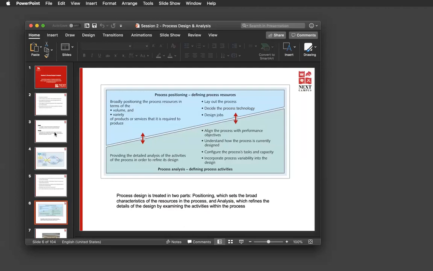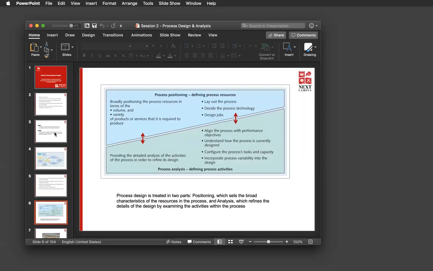Once that is set, then as we go along, we can basically refine it. You can think as you go along, okay, why don't we have a buffet? In the restaurant, we'll have a buffet.